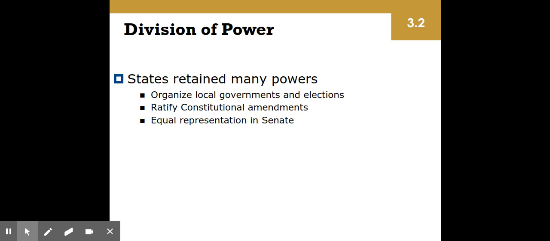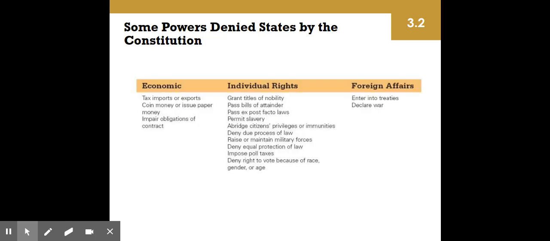They set basically guidelines for that, and then the local governments can carry out their responsibilities. The states, of course, also have to ratify the constitutional amendments. 3/4 of the states have to approve. And they each have 2 senators in the upper chamber or upper house of Congress. So 2 senators from each of the 50 states.